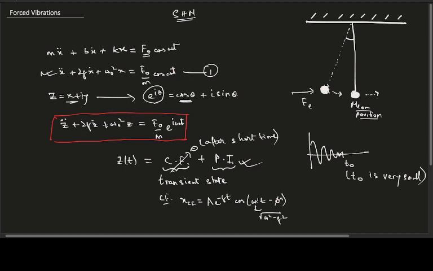This F external is equal to F naught cosine omega t. So the steady state vibration takes place at the frequency of this excitation, or the frequency of our external driving force, which is our omega.